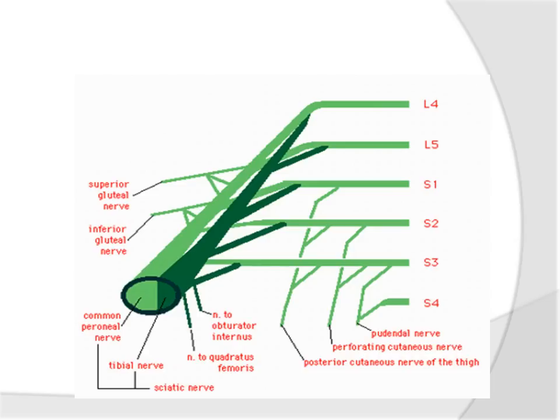And we're going to follow potential sites where that nerve can become injured, beginning all the way up high near the spine where it initially forms the sciatic nerve, all the way down to its termination in the foot, where it again becomes separated into both common peroneal and tibial portions of that nerve.